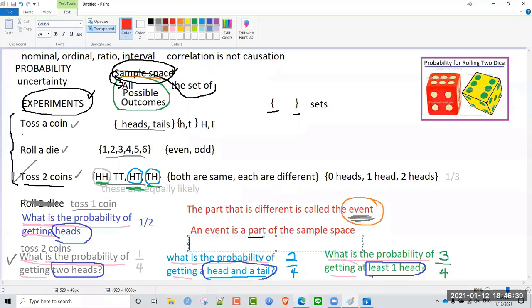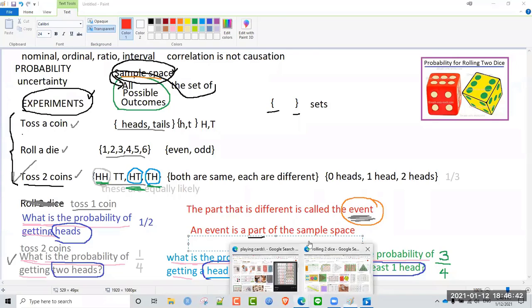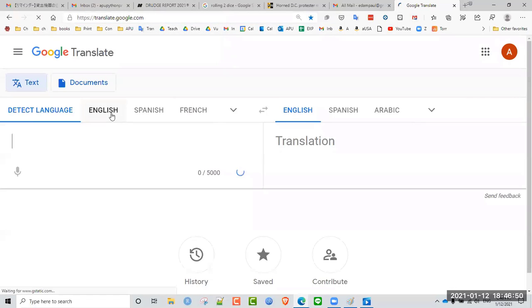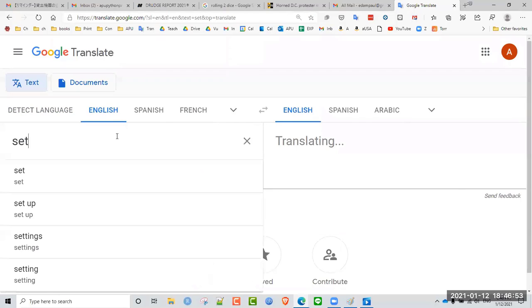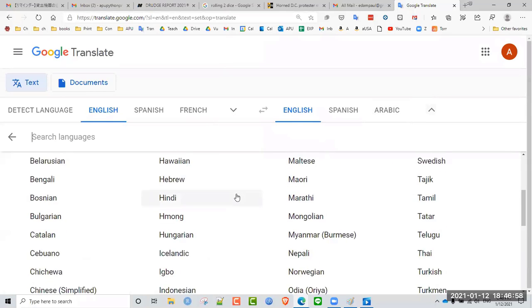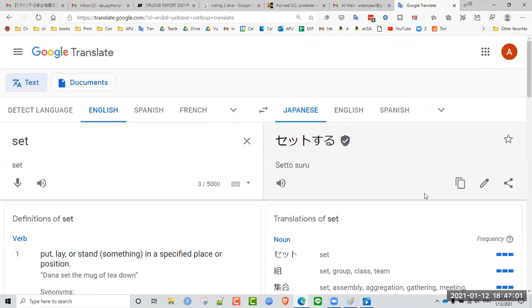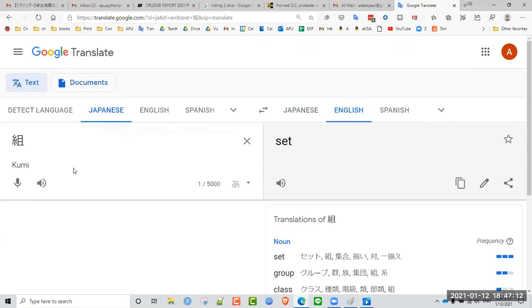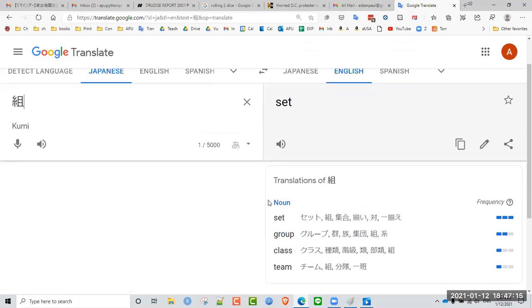Let's see. Let's look that up. Let's try set in Japanese. Setto suru. That's not right. I guess it might be this one. How do I say that? Anybody know how to say that? Kumi. Is that the right mathematical word for set?